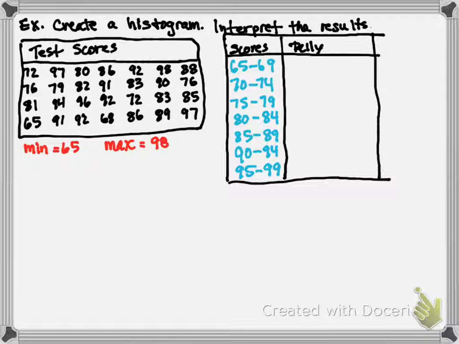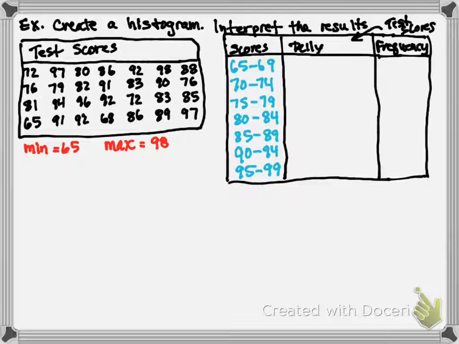That's going to be our biggest column because I don't know how many marks we're going to have. And then last is going to be frequency. The only reason why this is going to look large is because frequency is a large word. And then this would be our test scores. Of course, I ran myself out of room here, so I'm going to write test scores. So that would be the grand total we would have here.